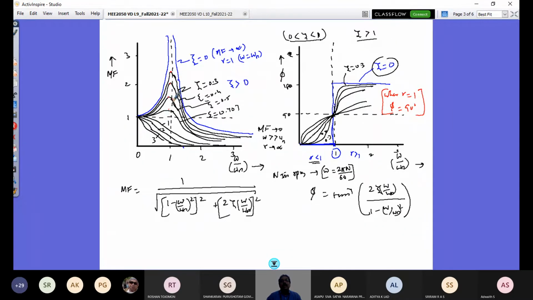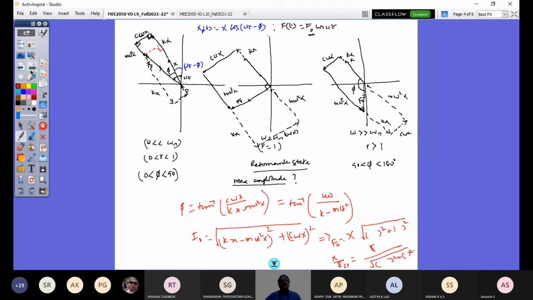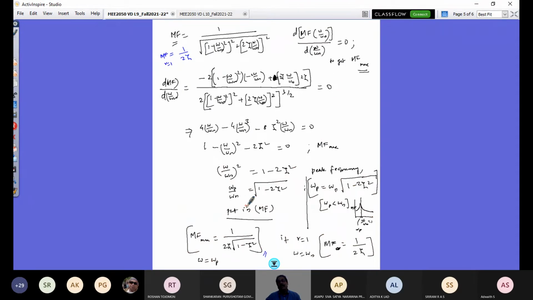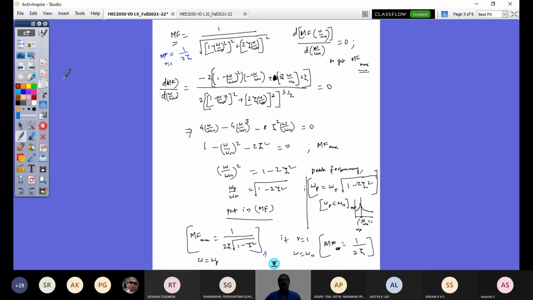It is slightly skewed on the left, lower than 1, and to obtain that value, we were taking this magnification factor, which is a function of this frequency ratio. So differentiate and equate to 0, you get the value corresponding to the maximum value, and we were doing that. So with that, we ended in the last class.